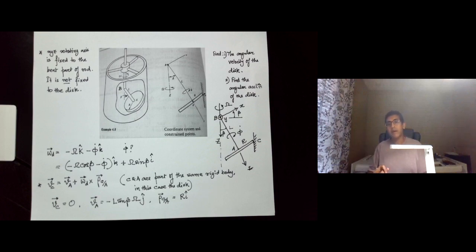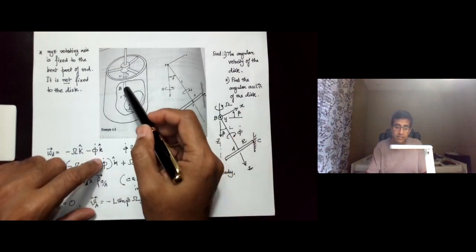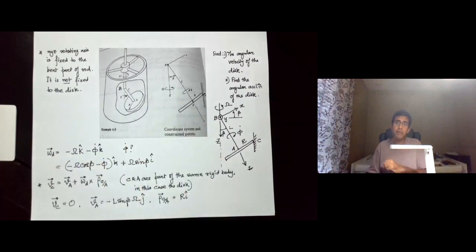So going back to the first attempt, but now we are going to change the triad, which we did not do in the first and second parts. Now we are going to say that our triad is also fixed to the disk. So the z-axis of the triad will still be aligned along the bent part, but the x and y are going to be fixed to the disk.